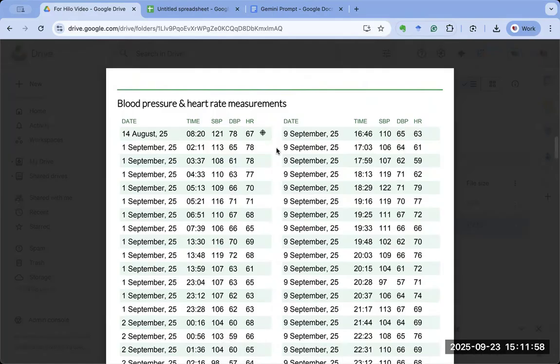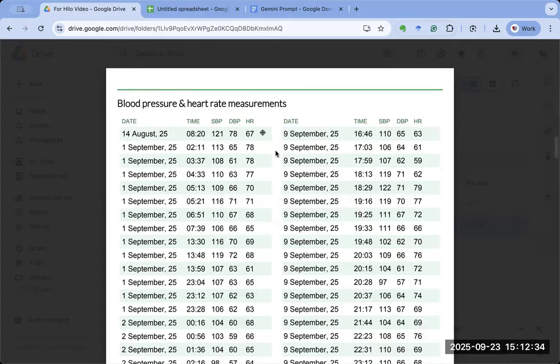So, one point to remember is, if you feel that your readings don't seem to be correct, or they don't match what is shown at the doctor's office, remember that we don't need to make decisions about treatment based on a single reading at the doctor's office, which is often not very accurately recorded, versus what guidelines call out-of-office blood pressure measurement. That means outside the doctor's office: your home blood pressure measurements, the Hilo device measurements, or the 24-hour ambulatory blood pressure device measurements.